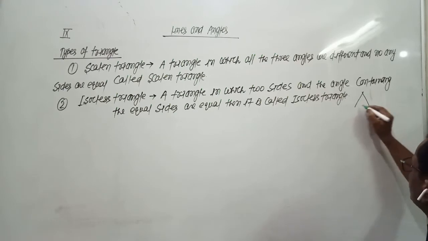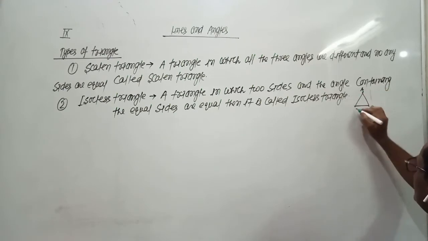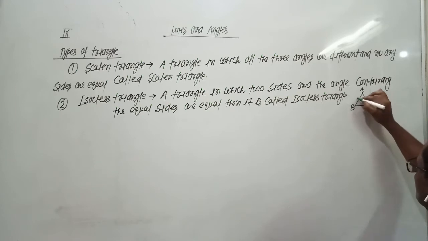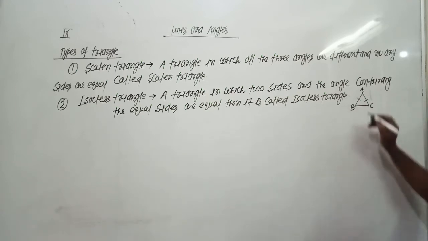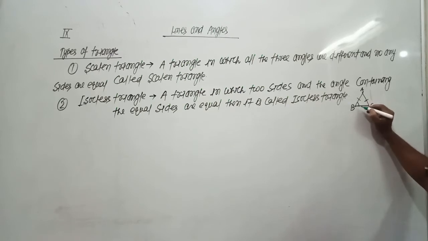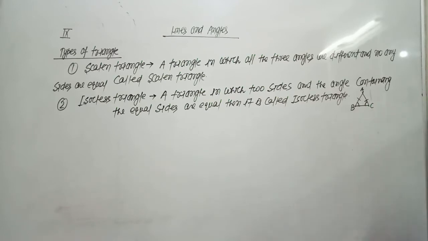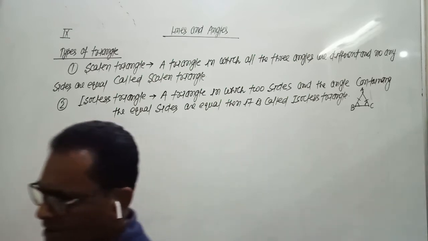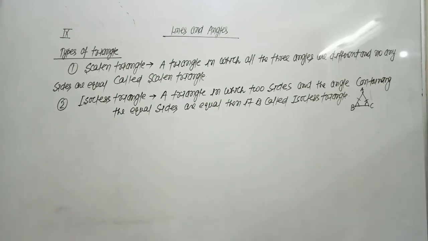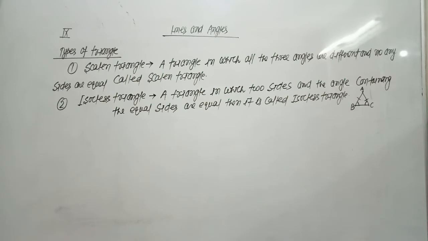Suppose in a triangle ABC, the two sides AB and AC are equal, and the angles containing the equal sides, this angle and this angle, then this is called an isosceles triangle.